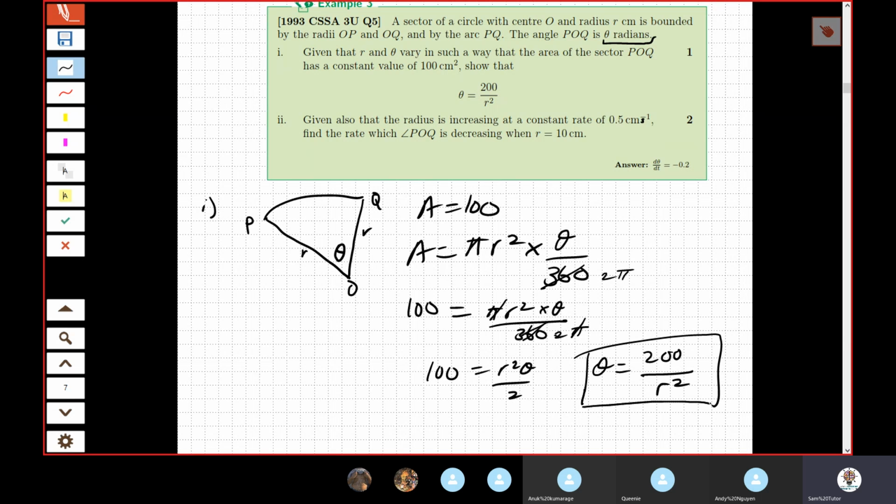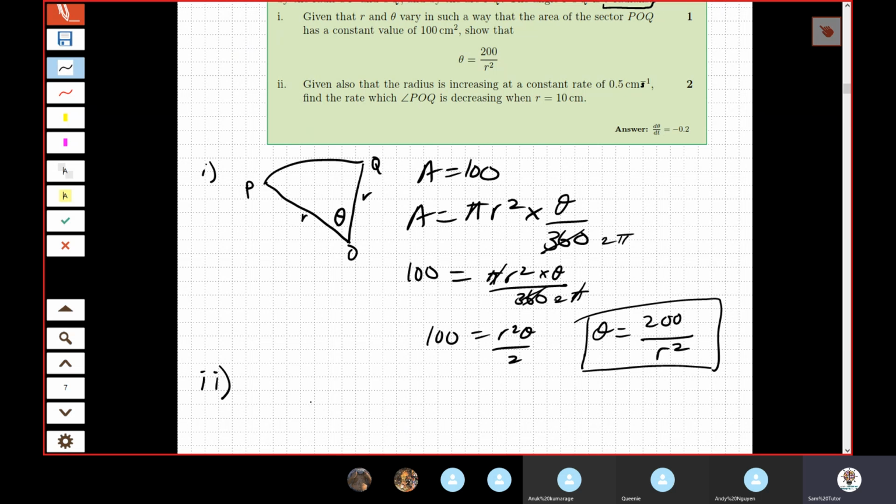You have a relationship between the two, so you kind of know what's going to come up. Given also that the radius is increasing at a constant rate, I now know that is dr on dt.